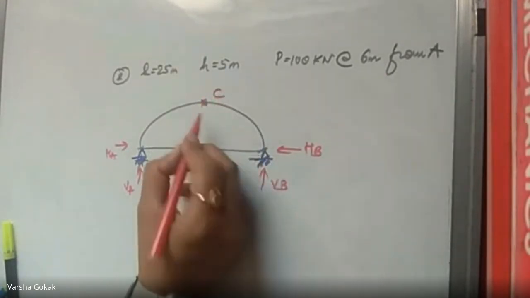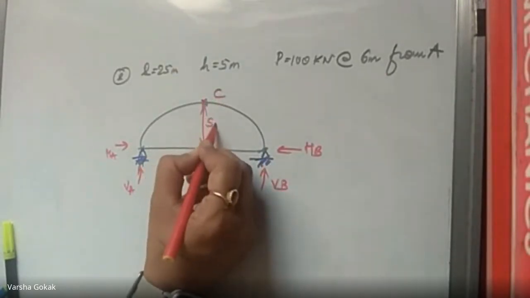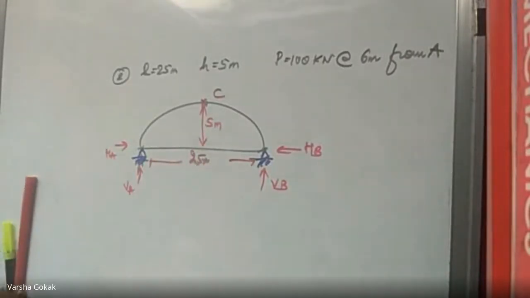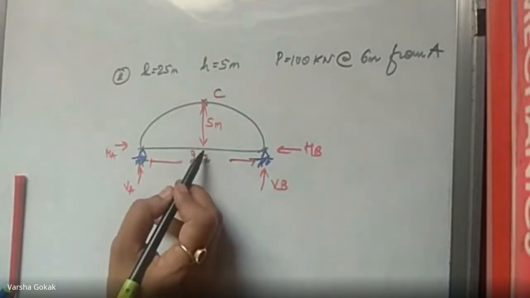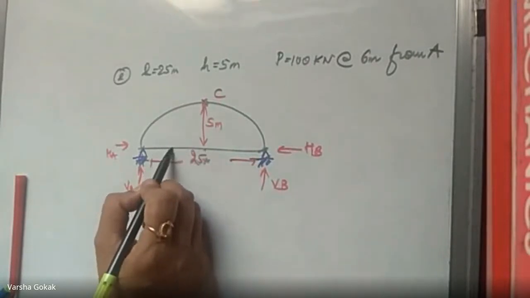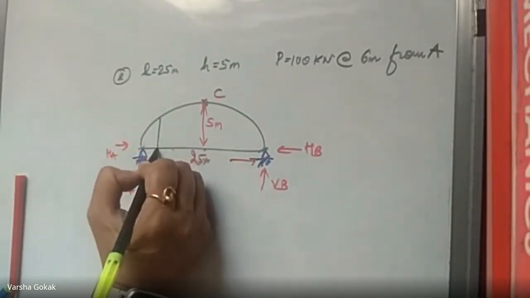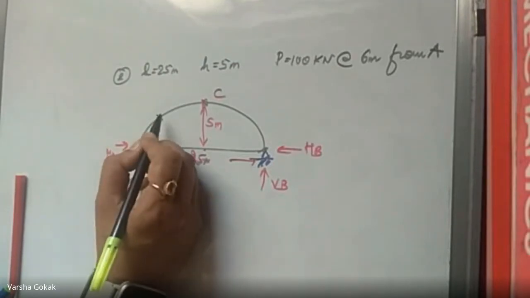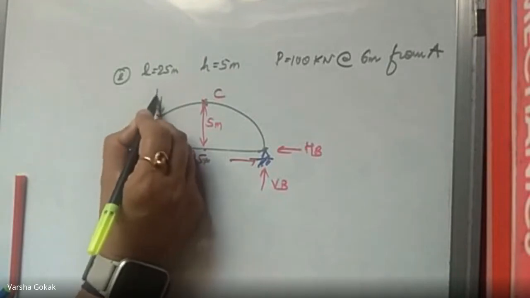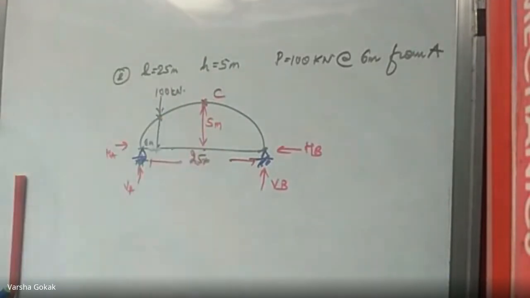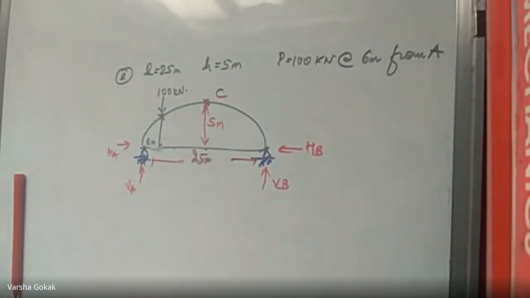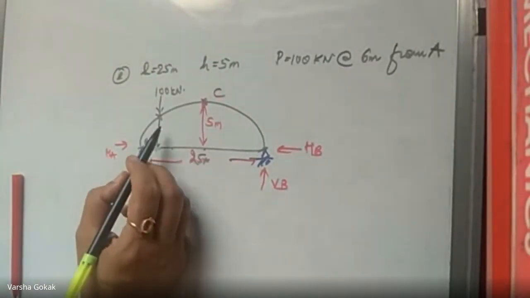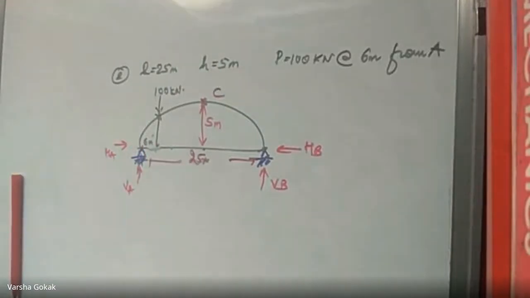This is the crown C, which is at a height of 5 meters. This total span is 25 meters, so half is 12.5, and at a distance of 6 meters from A at this point, there is a point load P of 100 kilonewtons acting.